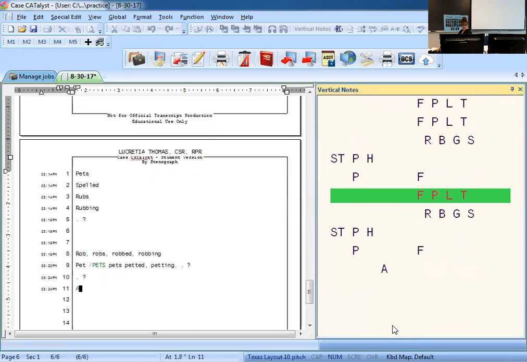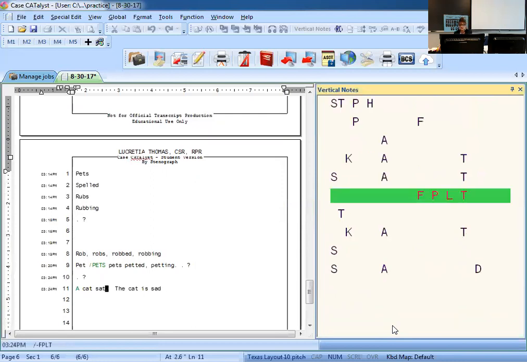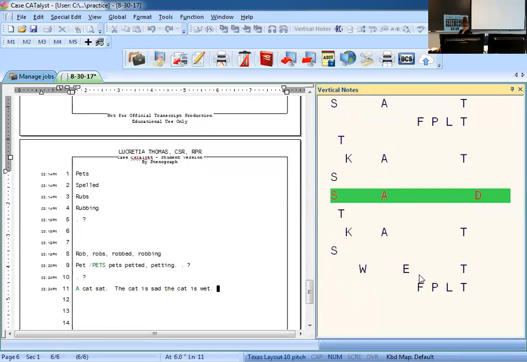A cat sat. The cat is sad. Bring up my notes. The cat is wet. The cats are wet.